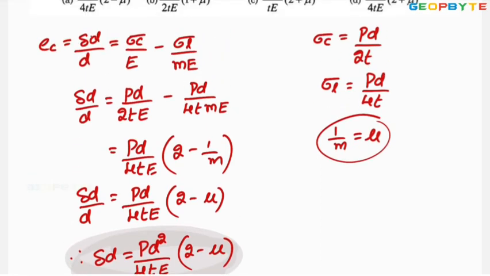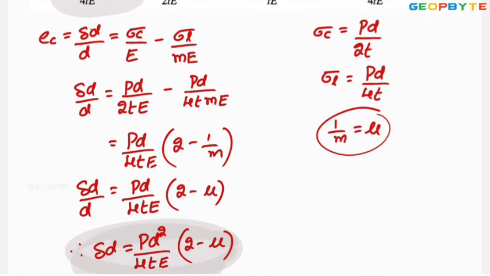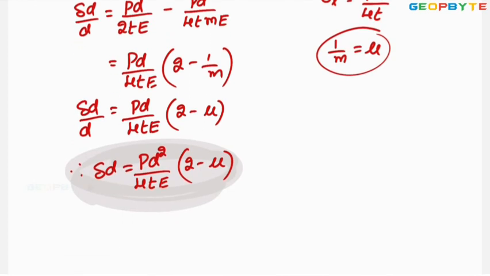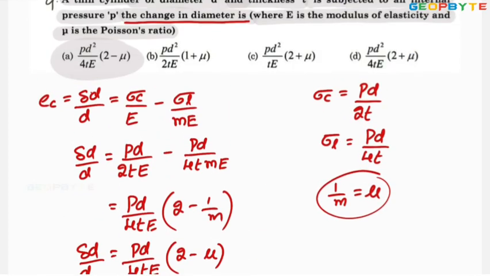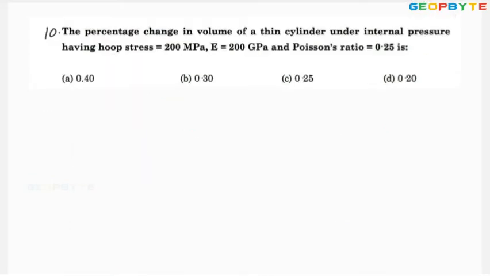Look at the options. Look at the very first option itself. PD square by 4TE into 2 minus mu. Therefore, option A is absolutely correct. Let us move to the next problem. Look at the next problem.